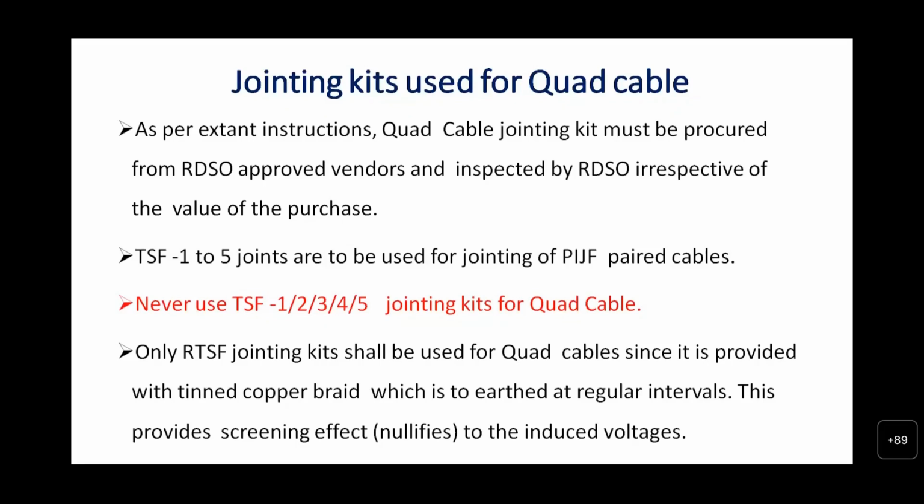Only the RTSF jointing kit shall be used for quad cable, since it is provided with a tinned copper braid which is to be used for earthing at regular intervals. This provides a screening effect and nullifies the induced voltage.